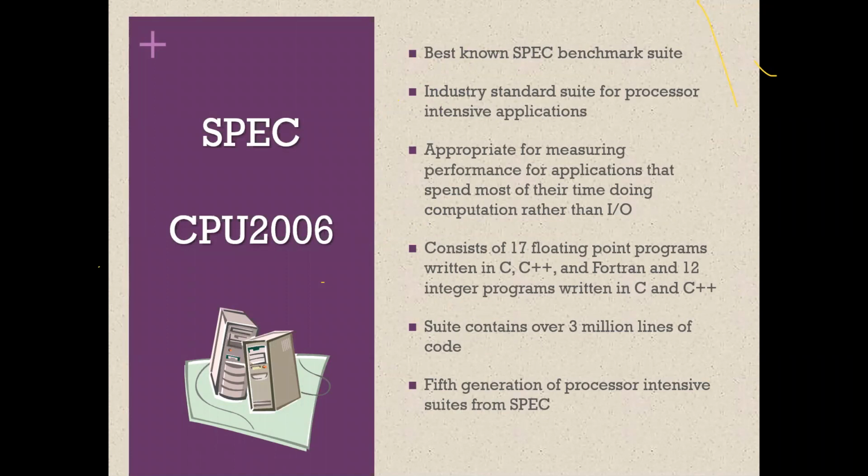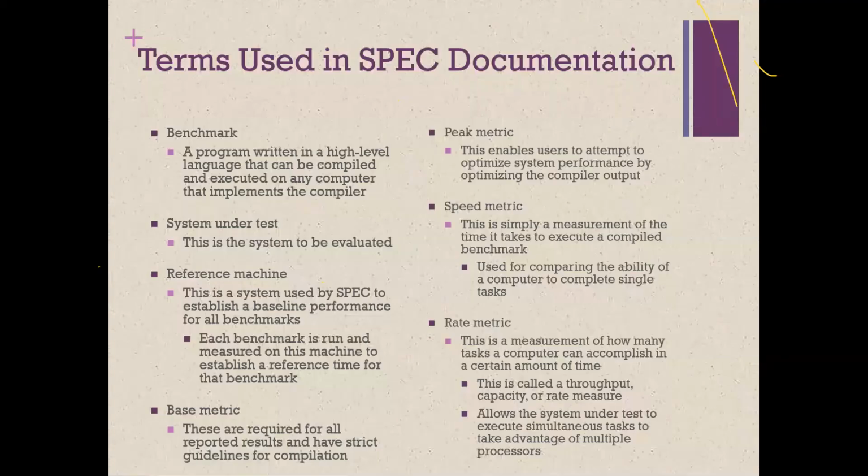It's a kind of standard for processor intensive applications, to be able to measure the performance of the applications that spend most of their time doing computations rather than just checking on the mere speed. Okay, those ones I can skip, and these are some of the documentation.